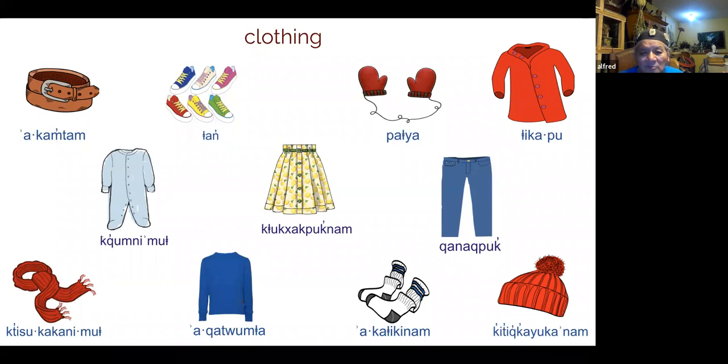You'll notice that most of those have the hard K, book, and that basically refers to your butt. Kanak book means to put your butt into. So the word for pants is describing the action of putting your butt into that piece of clothing.